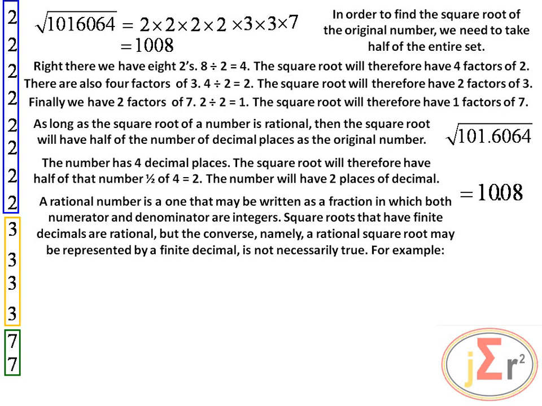For example, the square root of 16 over 9 is written as 4 over 3. This is rational, but the decimal is not finite.